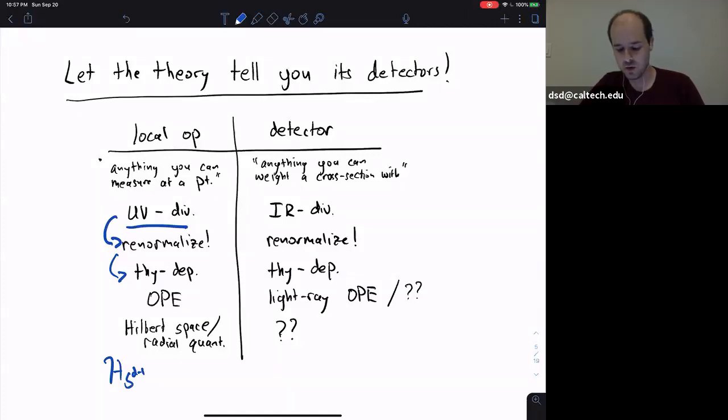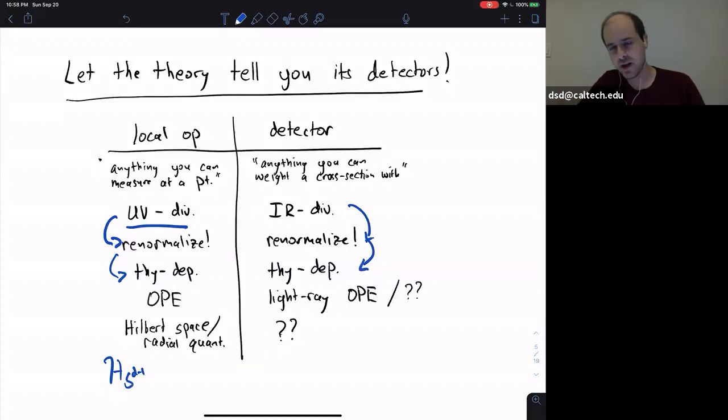Once you encounter these IR divergences and renormalize them, you find instead a theory-dependent space of good detectors. So the claim here is that every theory has a space of good detectors, which are the things that you are allowed to measure at future null infinity, and that's a theory-dependent thing, and you need to let the theory tell you what it is.